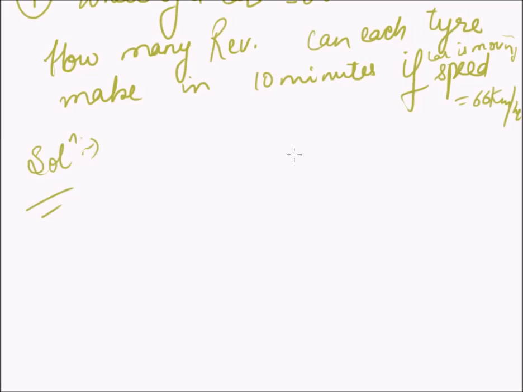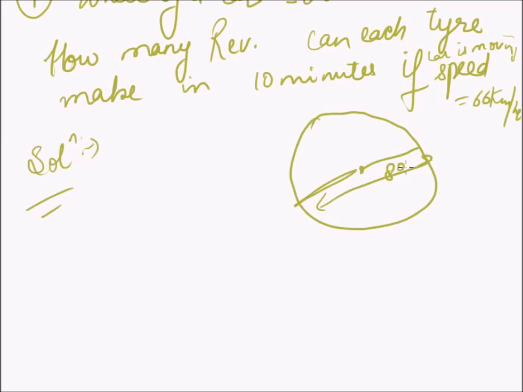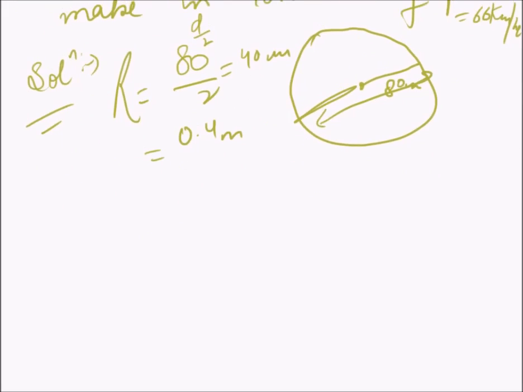So here the tire of the car has a diameter of 80 centimeter, therefore the radius will be 80 over 2, that is 40 centimeter or 0.4 meters. Now the distance covered by this car will be nothing but the circumference or a multiple of the circumference.